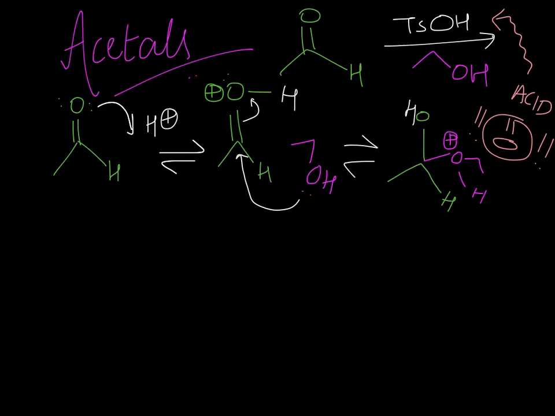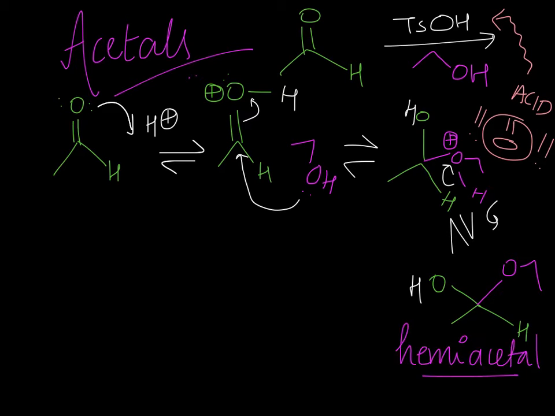But that has a positive charge and an extra hydrogen there. So let's go ahead and deprotonate that and get this structure, which is actually called a hemiacetal. It's like half an acetal, so it means we're just about halfway there.